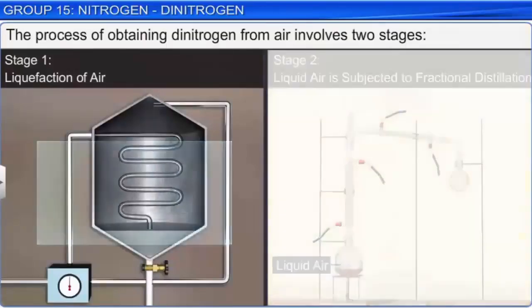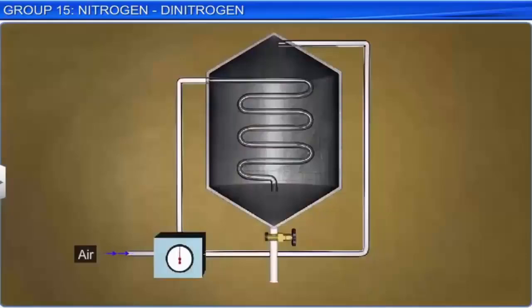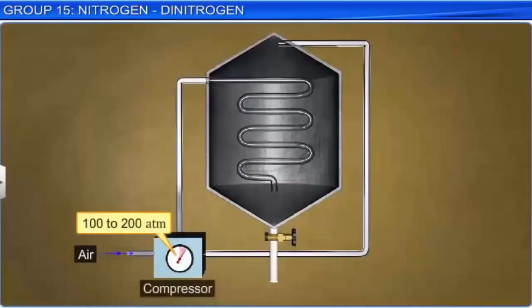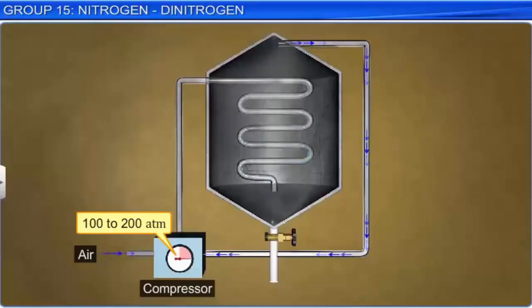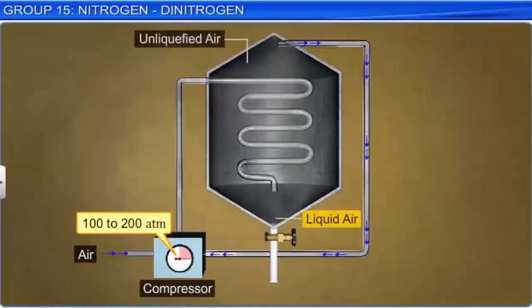In the first stage, air is subjected to liquefaction. During liquefaction, a high pressure of 100 to 200 atmospheres is applied over dry air, followed by expansion through a fine jet. This process is repeated several times to obtain liquid air.